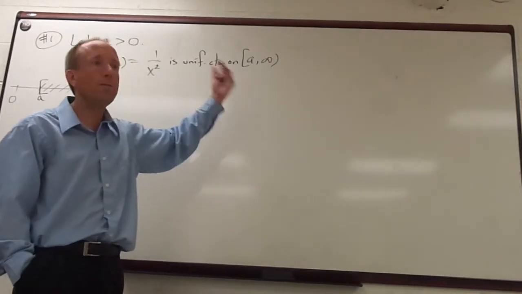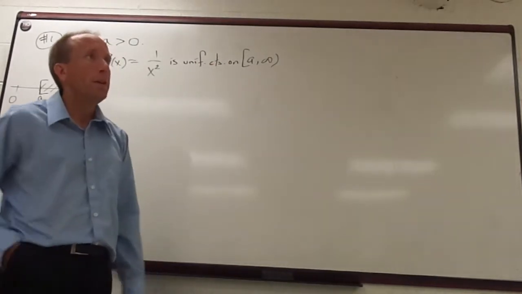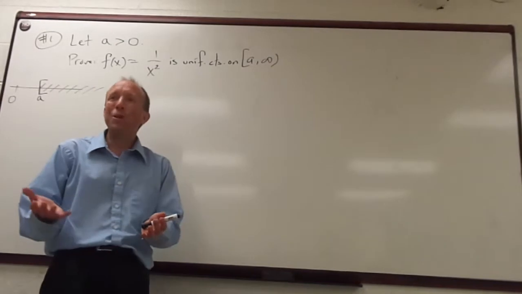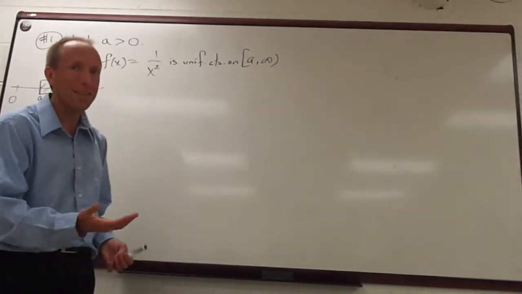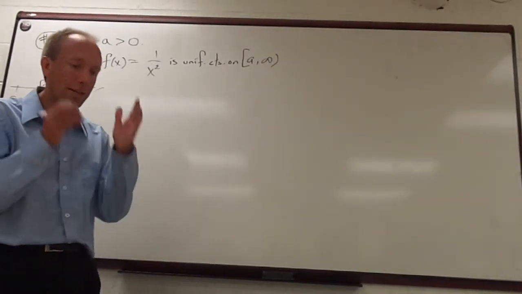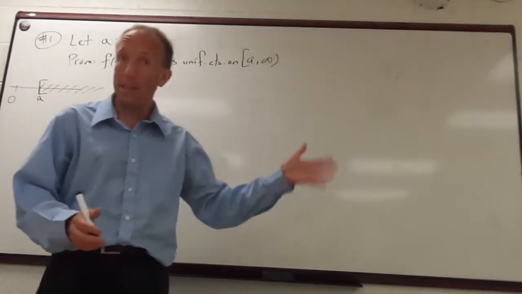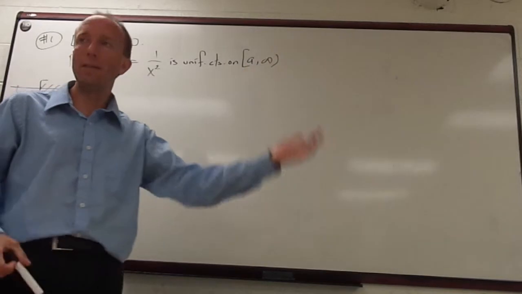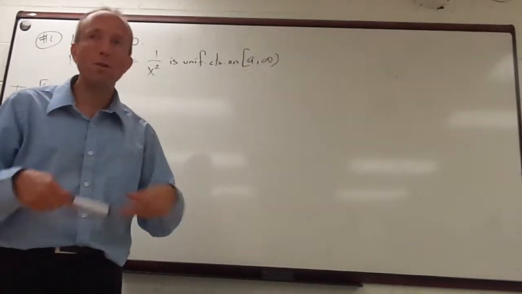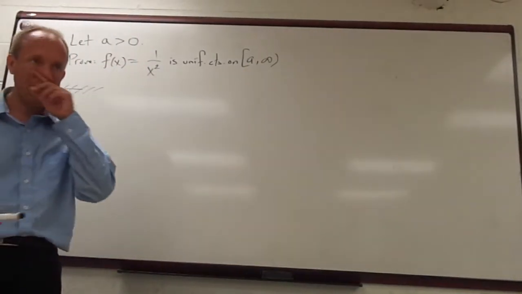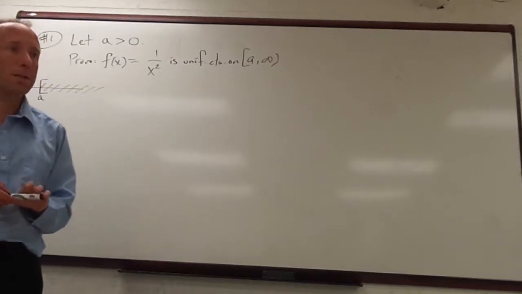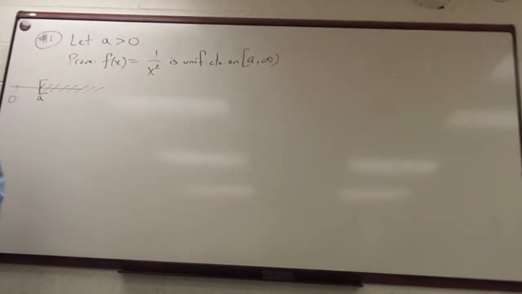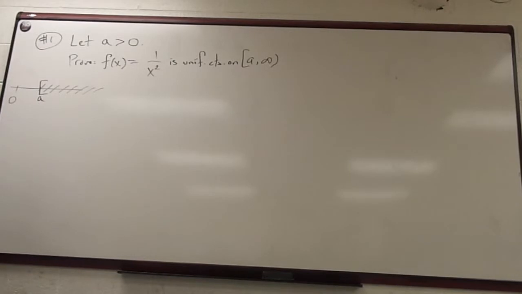All right, so the definition of uniform continuity would be, for all epsilon greater than 0, there exists a delta such that as long as the absolute difference x minus y is less than delta, then the absolute value of f of x minus f of y is less than epsilon. That should be a definition that everybody should know for the quiz next week, in particular the definition of uniform continuity on an interval, or on a domain in general, actually.